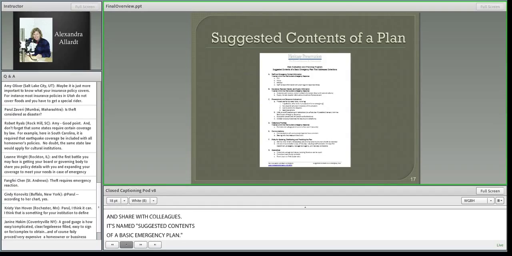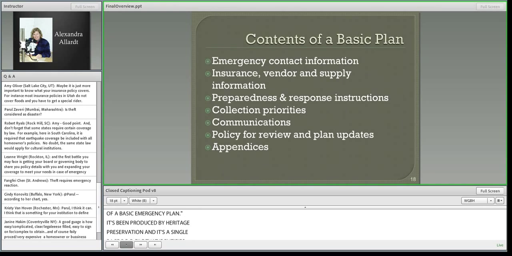So, looking at the plan, these are the 7 essential elements that tailor a plan to your institution's facilities and the specific circumstances. A plan should be flexible enough to cover all threats or hazards relevant to the institution. It provides all the current emergency contact information to activate a response and to protect staff and visitors, as well as your various structures and collections.